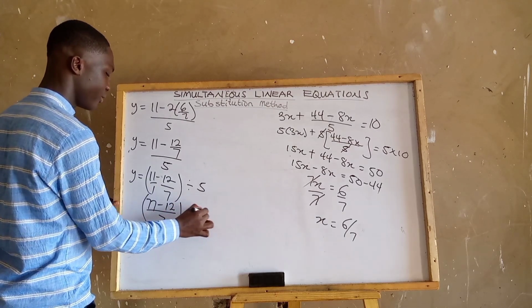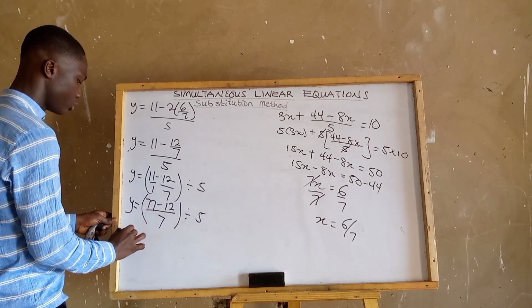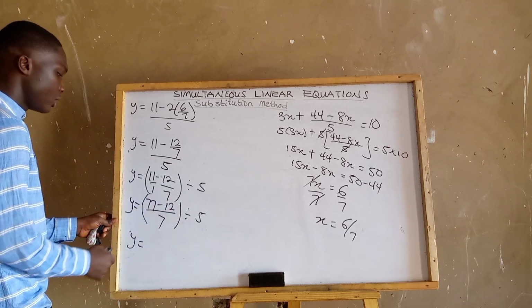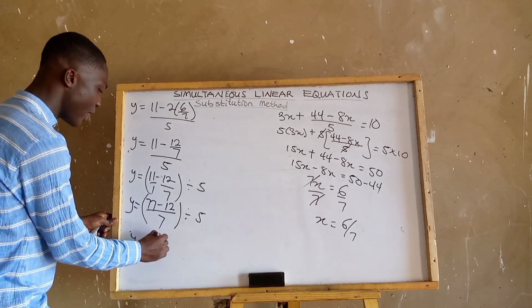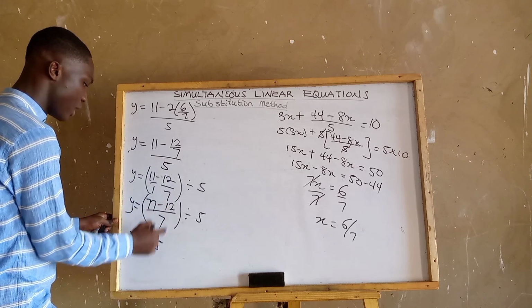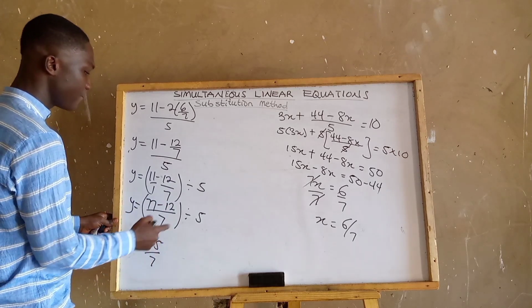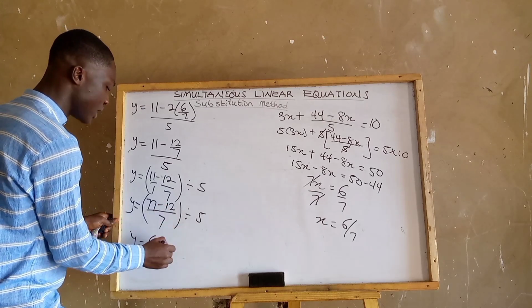So now y is equal to 77 minus 12, so you have 65, and then 7 over 7 times 1, you have 7. Divided by 5. So here the sign will change to times.